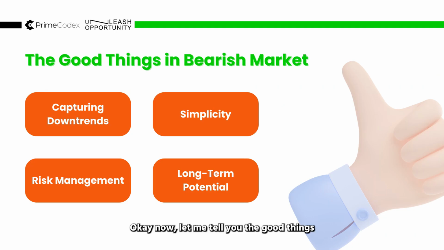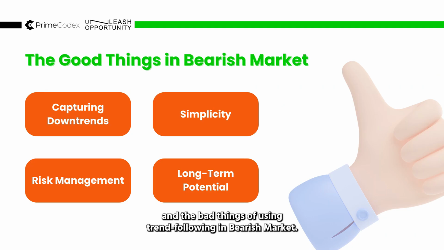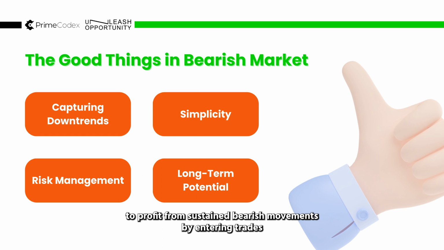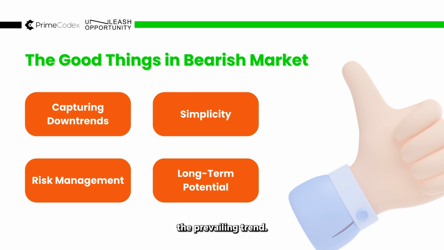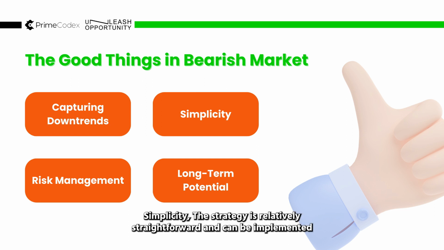Okay, now let me tell you the good things and the bad things of using trend following in bearish markets. The good things in bearish market. First, capturing downtrends. Trend following allows traders to profit from sustained bearish movements by entering trades aligned with the prevailing trend. Simplicity.